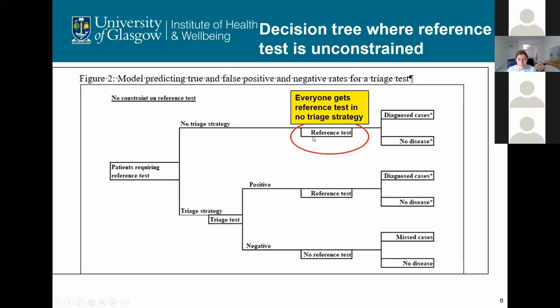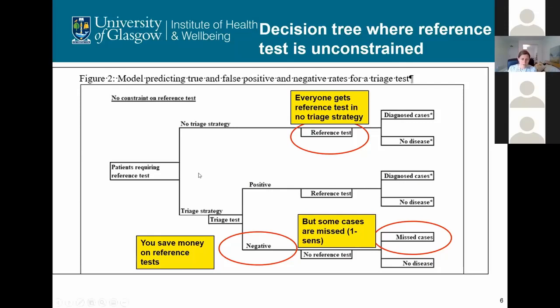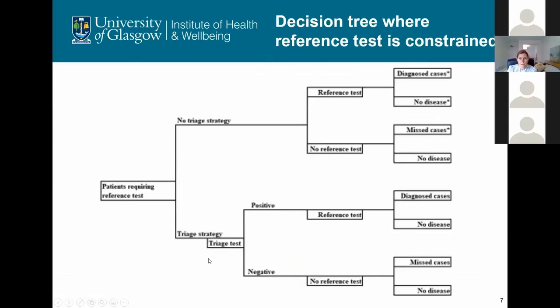So we can see that everybody gets the reference test in the no triage strategy. But in the triage strategy, we save some money on reference tests because we don't test anybody who's negative, but we do have the downside of missing some cases. So very familiar kind of trade-off there in the economic evaluation would be how you value your missed cases and you're saving money on the reference tests.